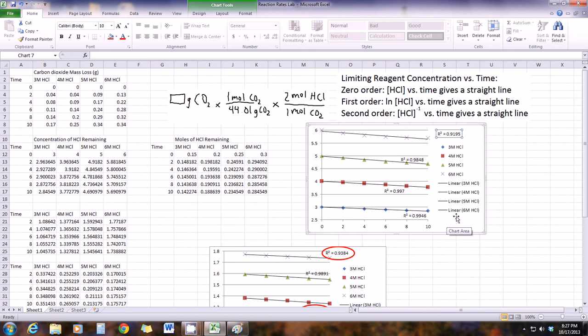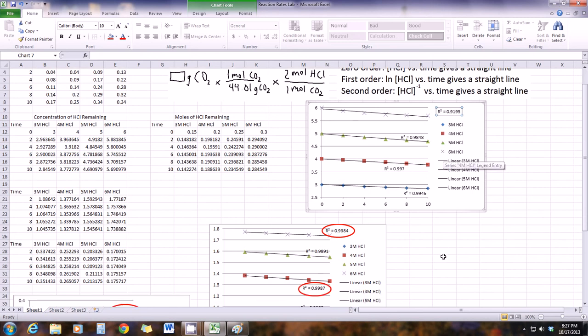So if this number were 0.2 instead of 0.9195, a 0.2 R-square value would tell me that that data is not linear at all. But this R-square value is kind of close to 1, so it's somewhat like a line.